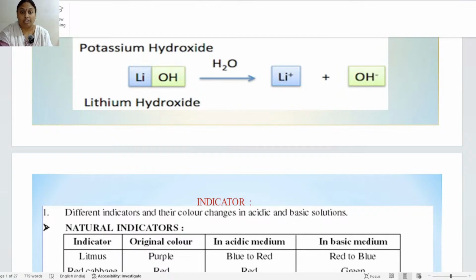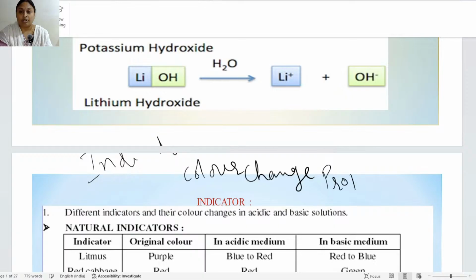An indicator is a substance which shows the color change property in a given unknown sample.